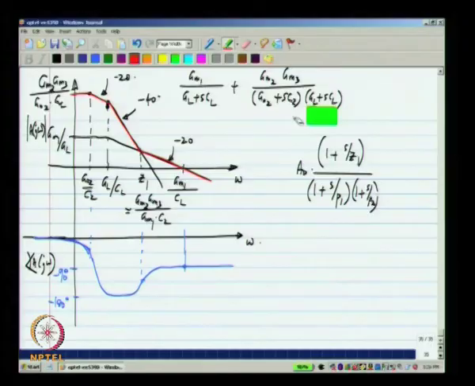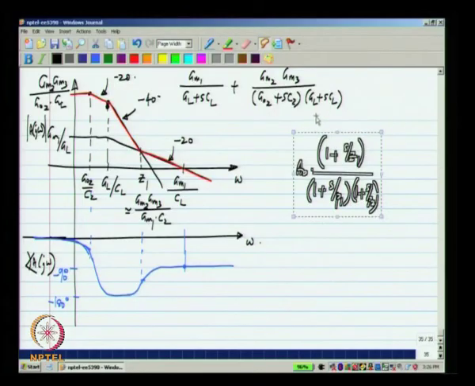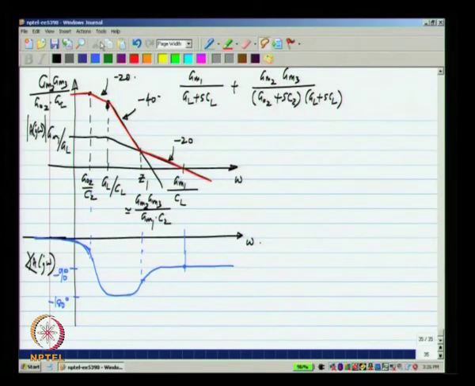Now, to assess this, we have to go back to the Nyquist criterion, which is the rigorous way of analyzing stability. Once you understand the Nyquist plot of a system, you can do it from the Bode plot directly, but to understand it properly, we have to go to the Nyquist plot.